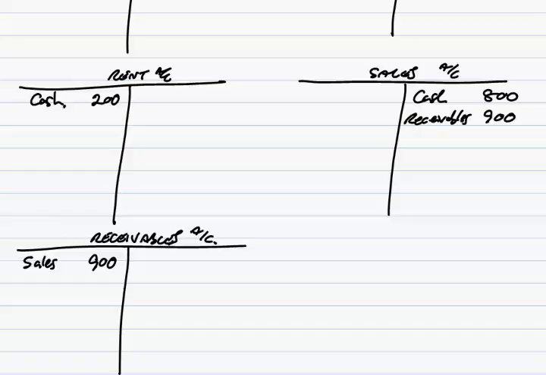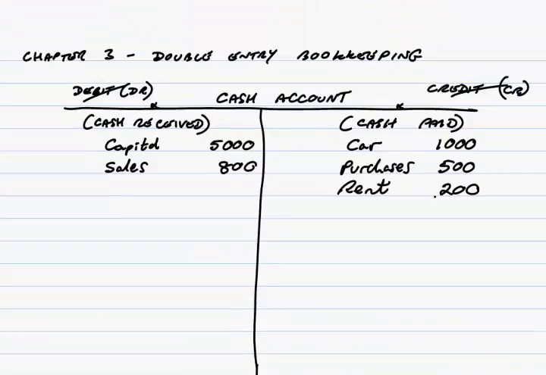Nearly there. H. We pay cash 400 on account of the amount we owe. Well, we pay cash, so credit cash 400. But of course we've not bought any more goods. We've paid 400 as part of the amount we were owing, as part of the payable. So of course we owe less.